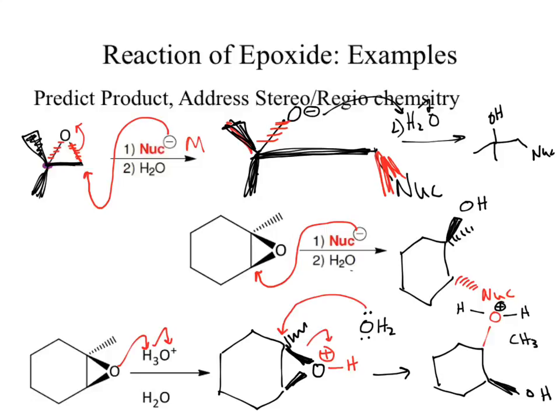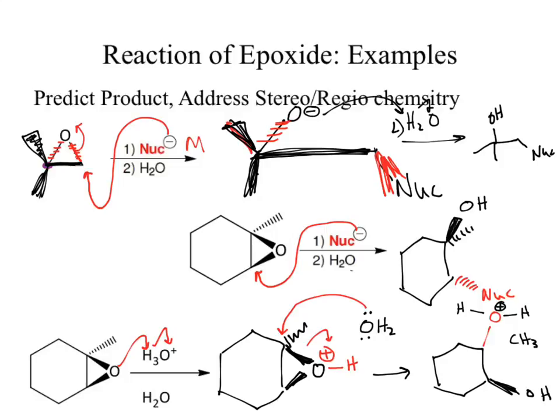We need to address the stereochemistry. What should our stereochemistry be? The oxygen came in from where? The backside of our other oxygen leaving, which means that oxygen must be dashed.